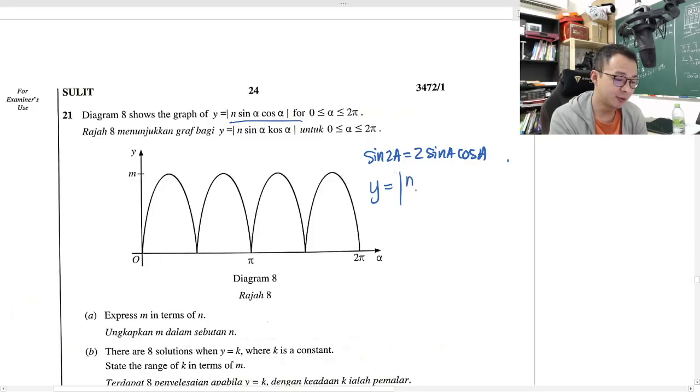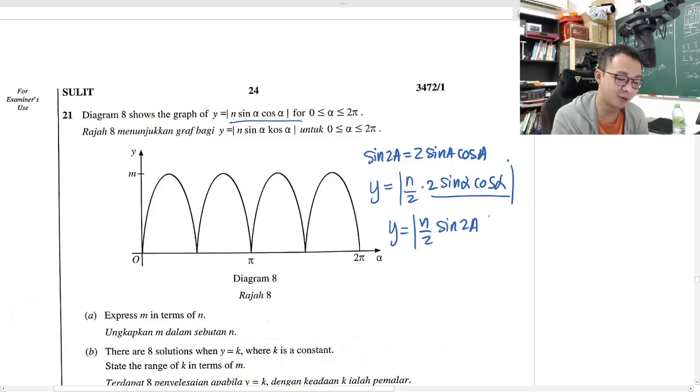I will divide 2 and multiply 2 at the same time. Sine alpha, cos alpha, so the whole thing here gives me sine 2A. And this graph itself looks like sine 2A because sine 2A one cycle will be pi, right? So it makes sense.